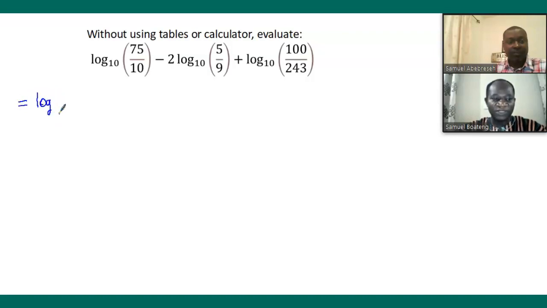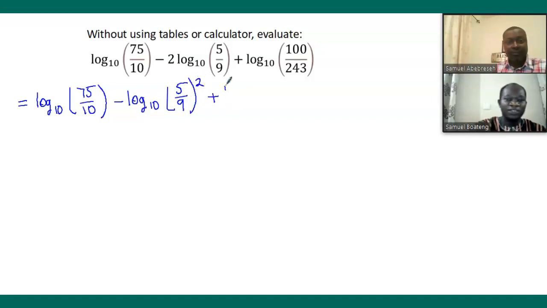So first step, log to the base 10, 75 on 10, minus log to the base 10, 5 on 9, all raised to the power 2. Yes, that is according to one of the laws. If the number is in front, you take it. So plus log to the base 10, 100 on 243.